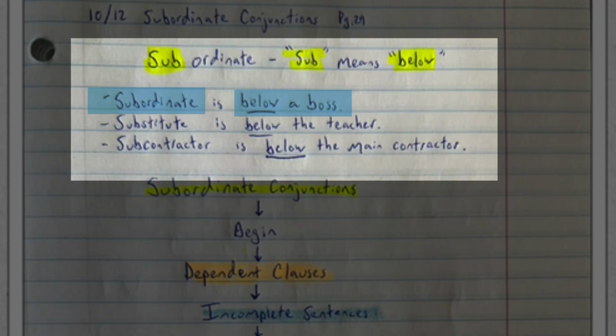They are subordinate to a boss. Now, a substitute teacher is below the teacher. They are temporary. They're not the main teacher. And then a subcontractor is below the main contractor. So a main contractor may get a subcontractor to help, but the main contractor's the boss.